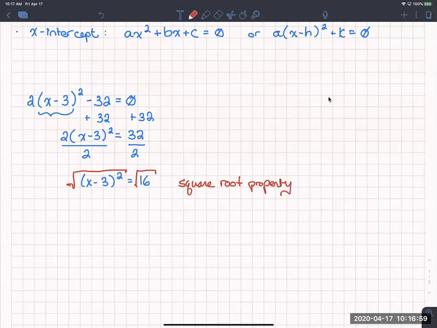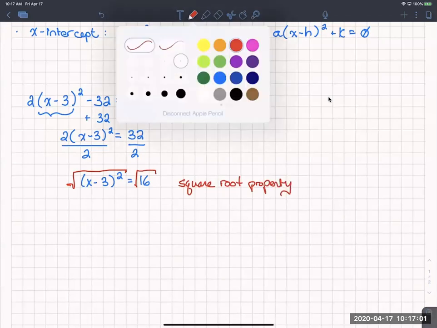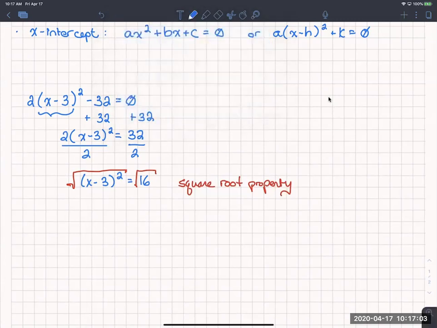Okay. And then taking the square root of a square, they cancel each other because they're inverse operations. And the square root of 16 is positive and negative 4. You have to include both the positive and negative version. 4 squared is 16, and negative 4 squared is also 16.